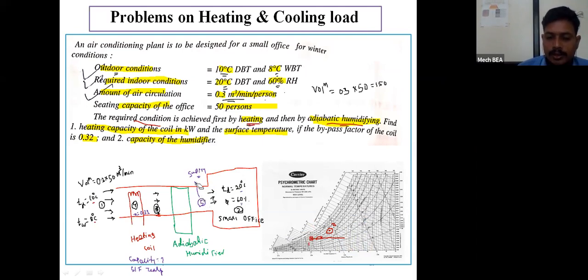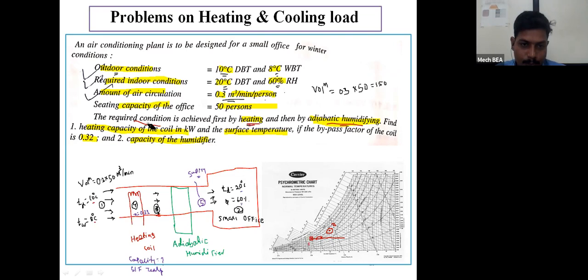In some problems they will mention that there is heat generation, giving the sensible heat load and latent heat load inside the room. In that case point number 2 and point number 5 will be different, meaning supply condition and desirable condition differ.